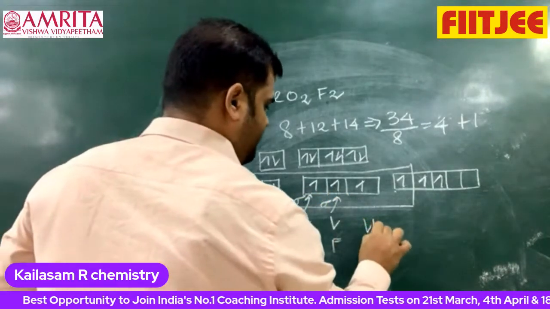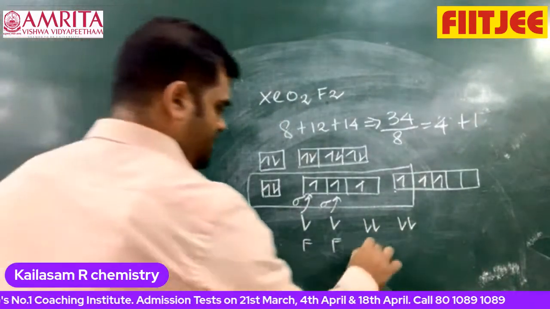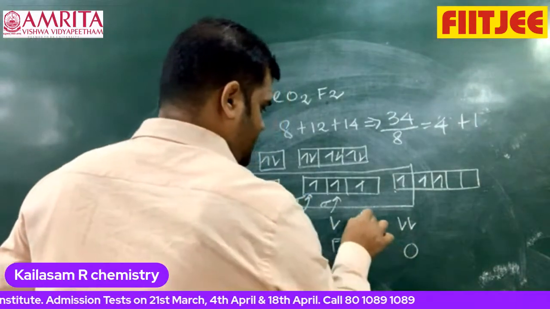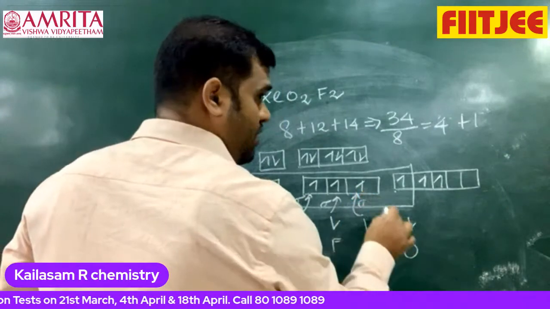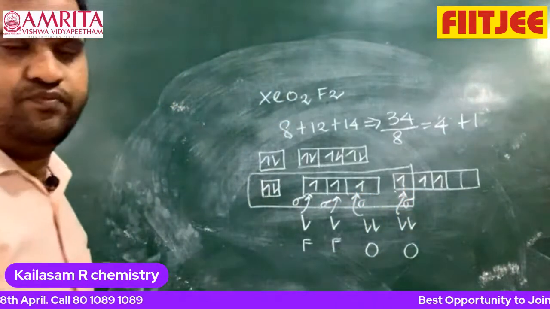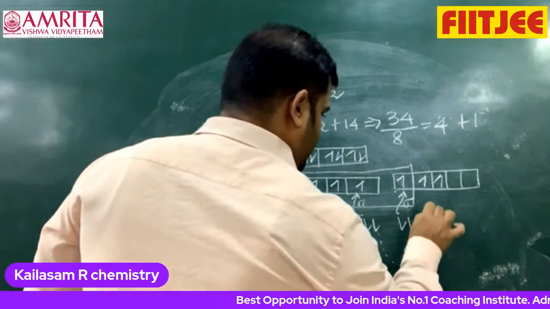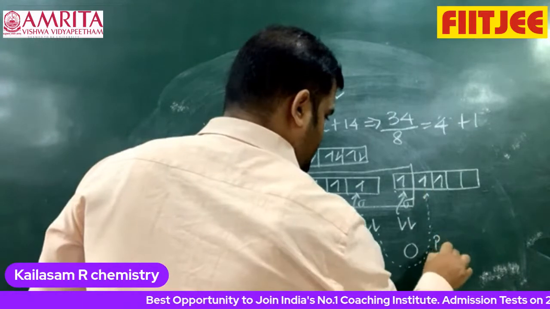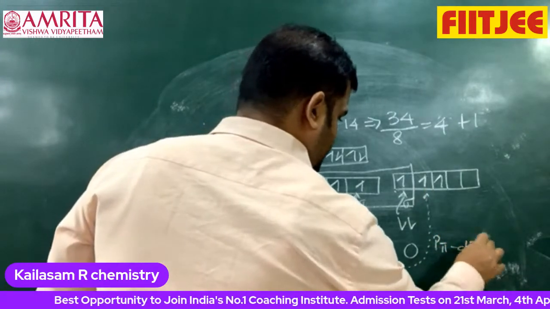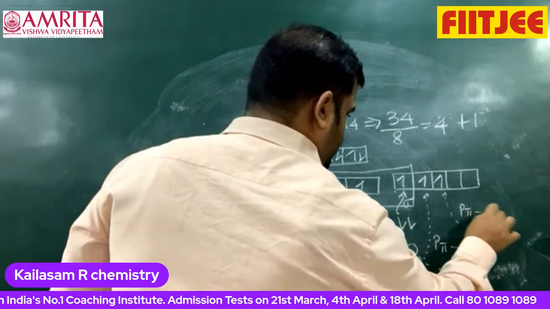And 2 oxygens are there. You can say oxygen, oxygen, sigma. This also is going to form sigma. Now look at this. This is 5p, 5d. This is also 5p.